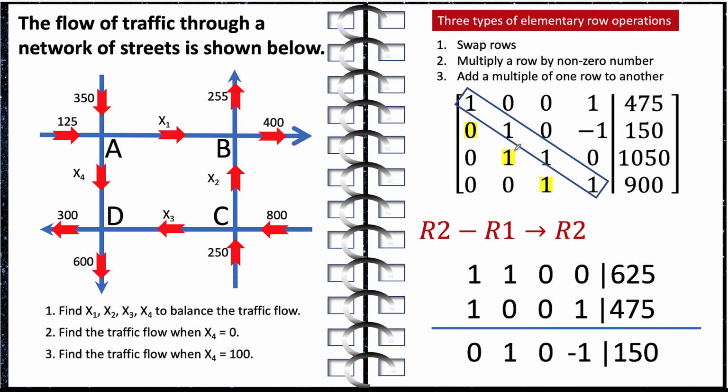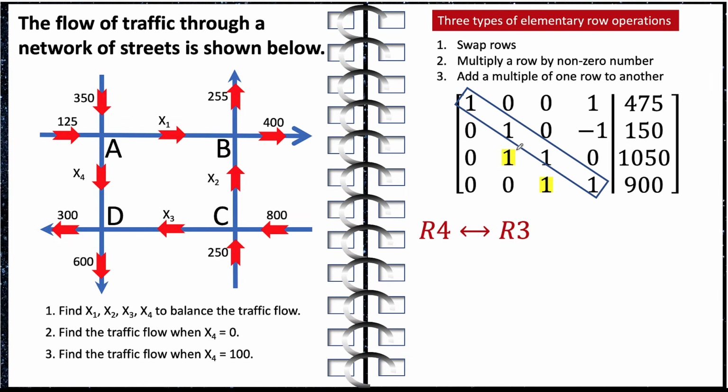The next goal is to make this be equal to 0. And how can we make that equal to 0? This is what we are going to do. We take row number 4 and we swap that with row number 3. So by swapping all of these entries, we will be able to have an entry here of 0, 0, 1, 0, which will make this highlighted one be equal to 0, because our goal is to make the entries in the lower triangle of this matrix all equal to 0.